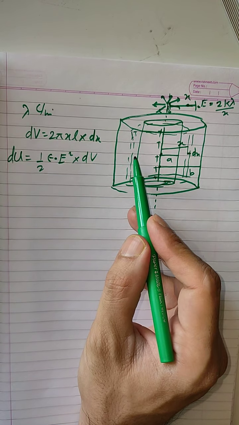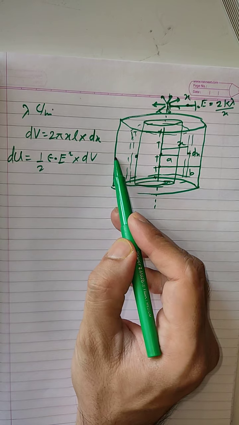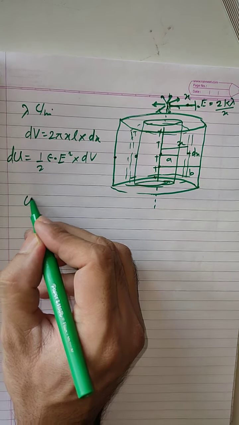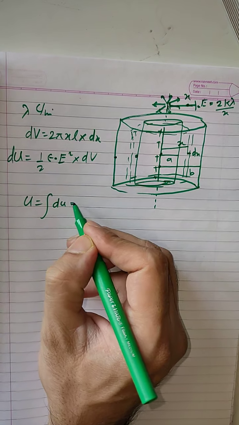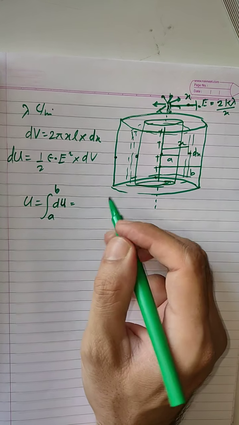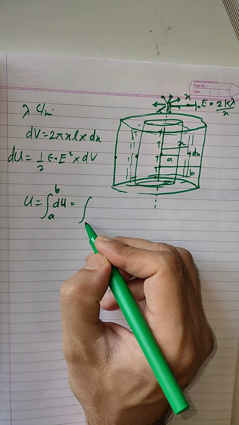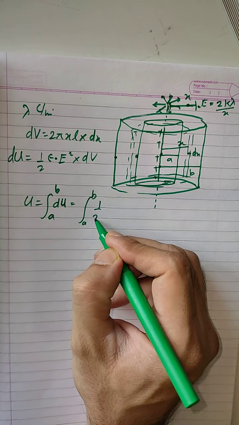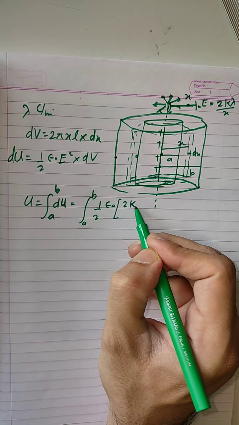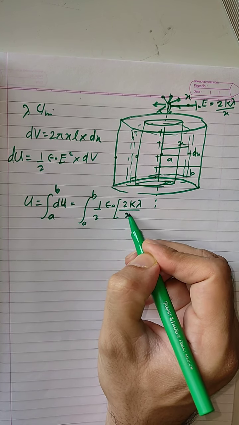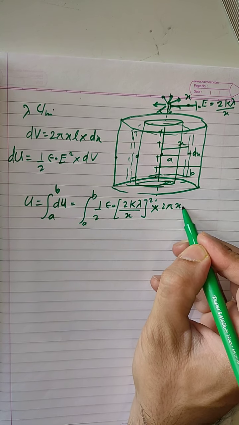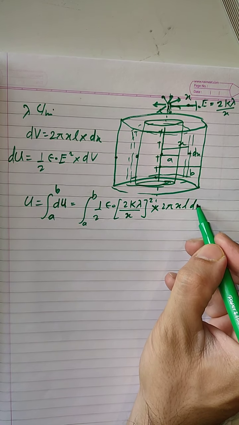Now if we integrate this expression from A to B, then we can find out the total energy in the shell. So total energy U can be written as integration of dU from the limit A to B. So if we apply this limit and substitute the value of E, which is 2k lambda upon x whole square, multiplied by 2 pi x L dx.